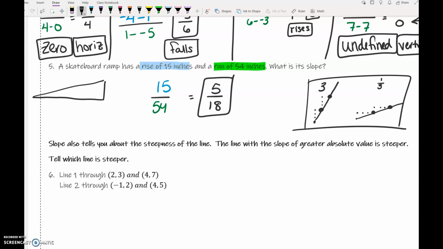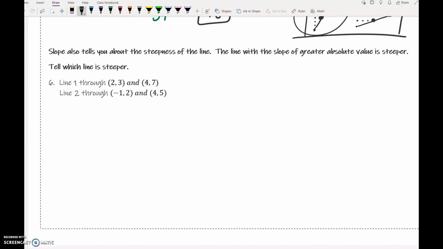Which line is steeper? 3. Imagine like climbing a hill, or you can also think about it in the negative. If you were skiing down a hill, the steeper one is the one with a bigger number, basically bigger absolute value.